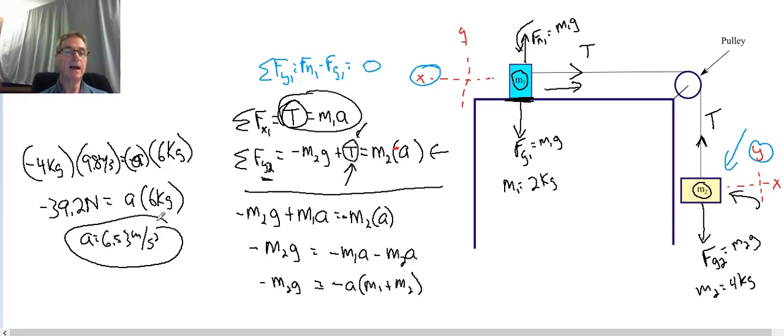So we found A. How do we find T? I'd like to know T. We find T simply by plugging A into the simplest equation we have. The simplest equation is the one right up there.